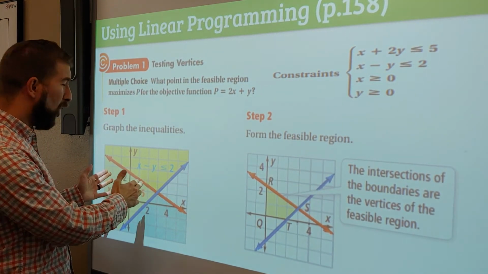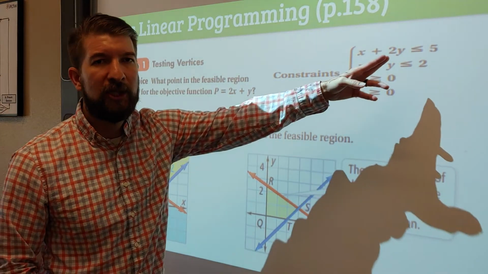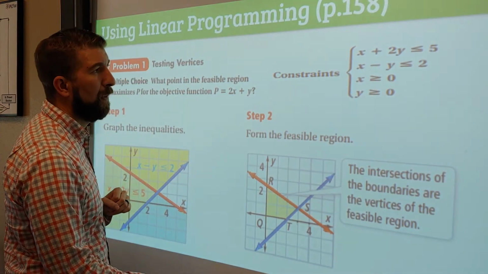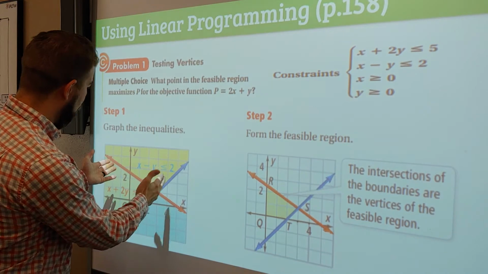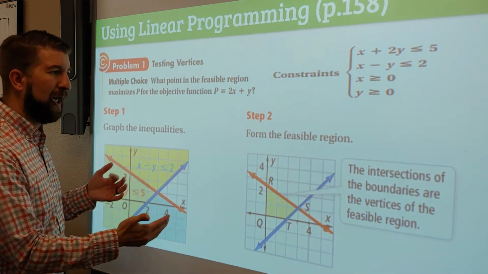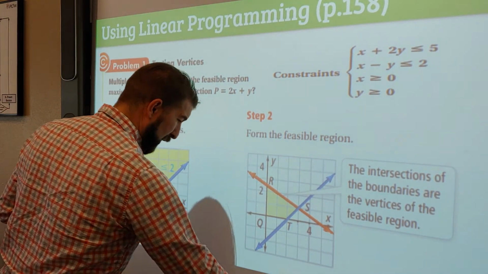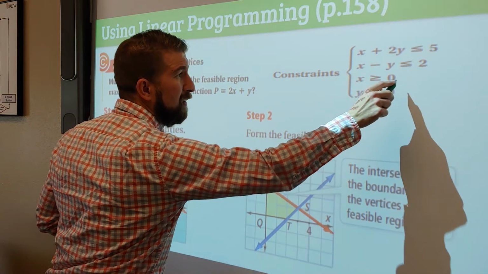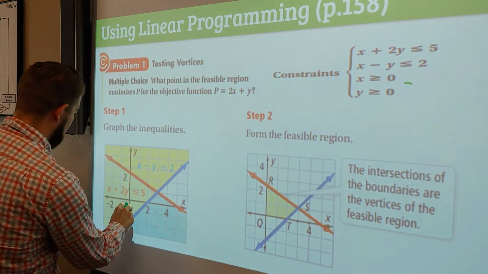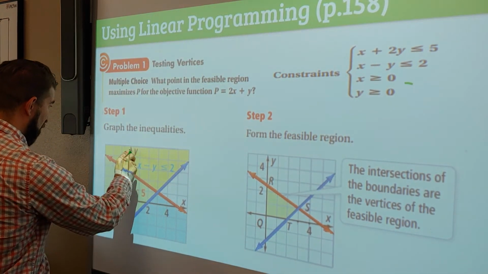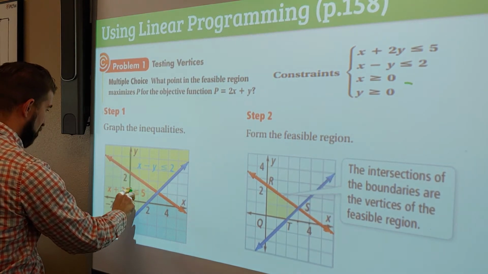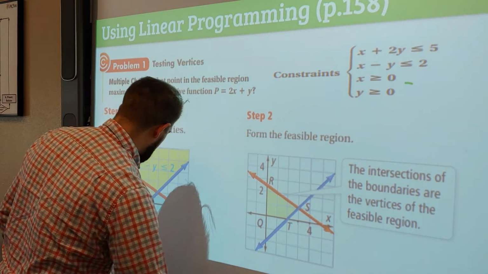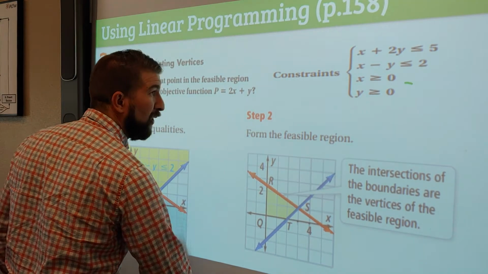So you would move all of these into slope-intercept form. Now they don't do that for you, but you could do that. Now it doesn't show, but the x being at 0, that is this line. I'll draw this one red.